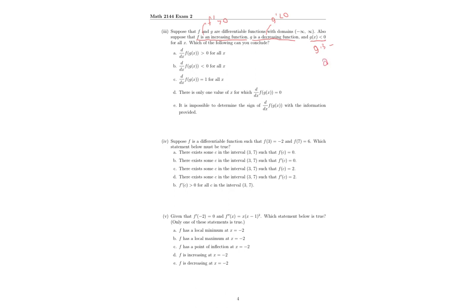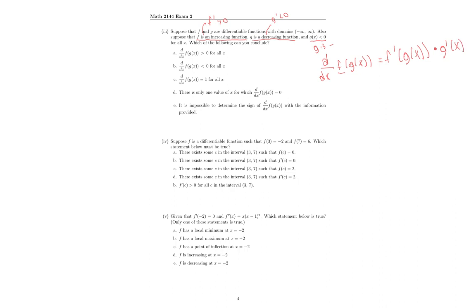So let's put d dx of f of g of x. Well, we have one function inside another, so this is going to be chain rule. We do our derivative of the outside, in this case, f. We're going to keep the inside the same, and then we're going to multiply the whole thing by the derivative of the inside.